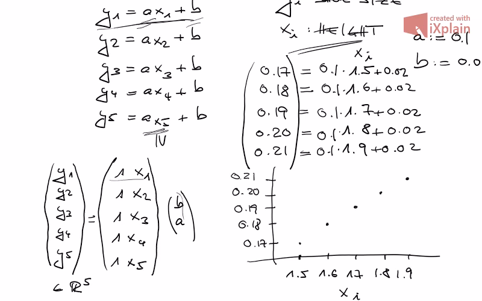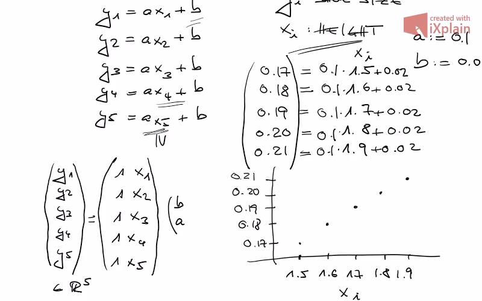Yeah, and this, as you can easily convince yourself, holds for all the rows. So let's look at the 4th row. If we want to compute y4, we have to compute 1 times b plus x4 times a, which is just this thing. Yeah.